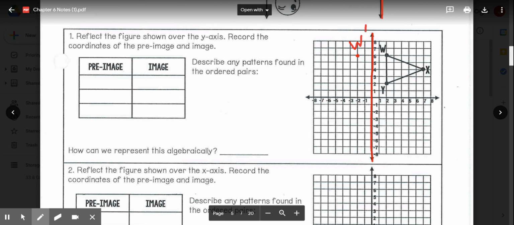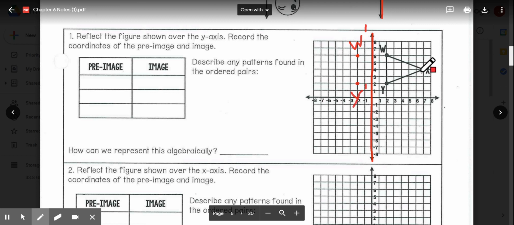I'm going to go ahead and label there W prime. For Y, kind of the same thing. Y is 2 units to the right of that line of reflection, so I'm staying at that same height, and I'm just going to the opposite side there. So the image of Y, or Y prime, is going to be right here on our coordinate plane.